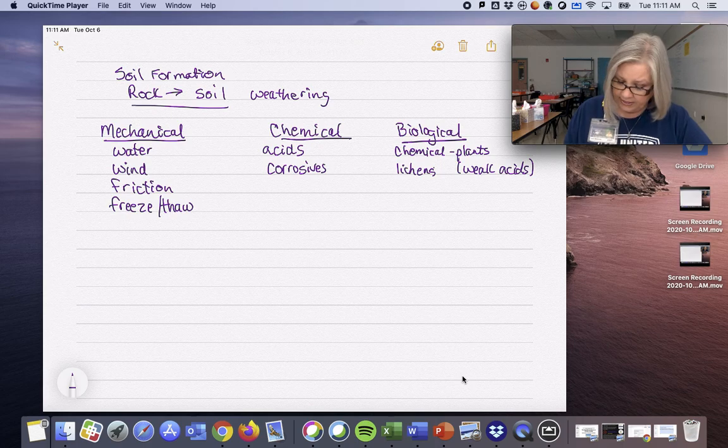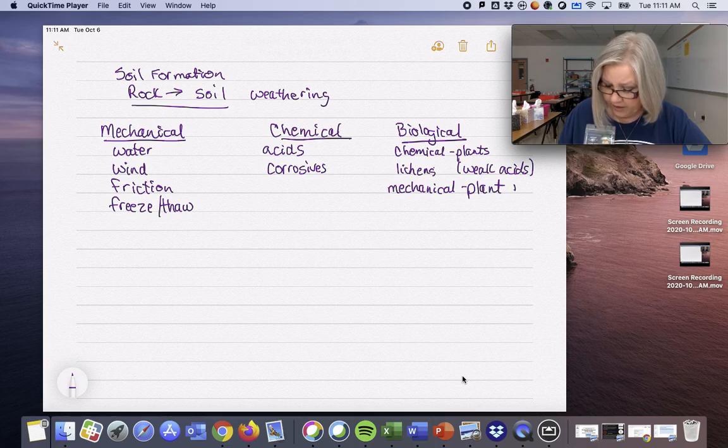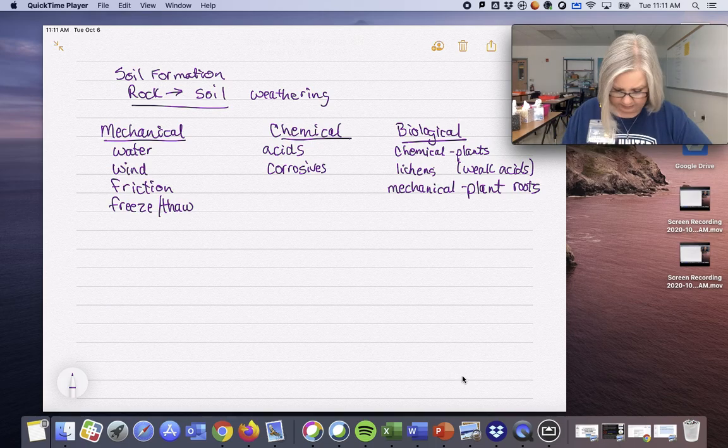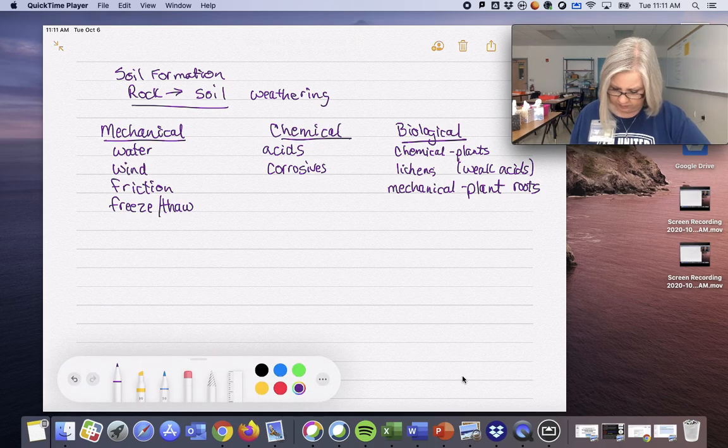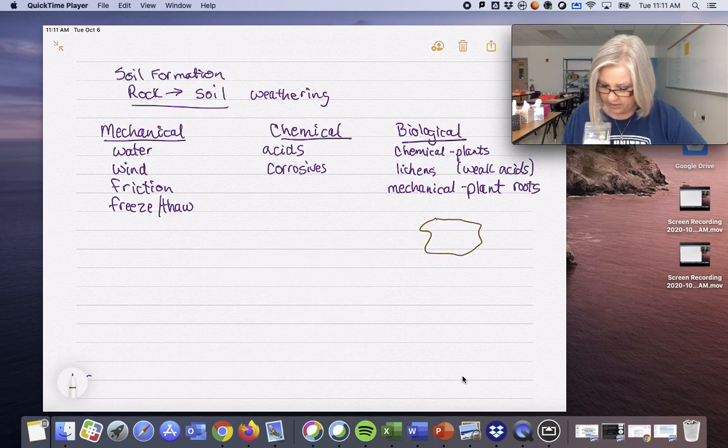The other one is mechanical. Plants can break apart rocks mechanically, and they can do this through plant roots. If you've ever been out, sometimes you'll see a rock. Let me put a little picture down here so you can remember what it looks like. We have our rock out here, and then we might have a tree on top of it.